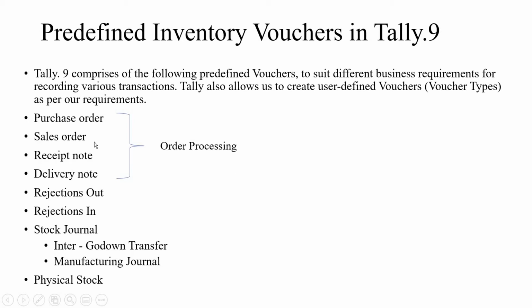The first four, that is purchase order, sales order, receipt note and delivery note, will be covered in the topic of order processing system. Under order processing system, we are going to study purchase order processing and sales order processing. Right now we are going to see what rejection out and rejection in are. Stock journal and physical stock will be covered in the next video.